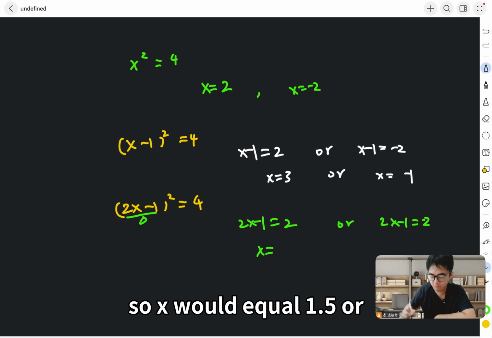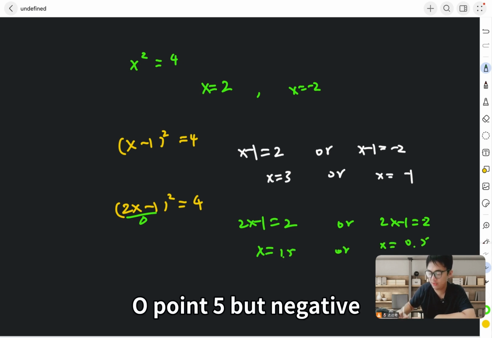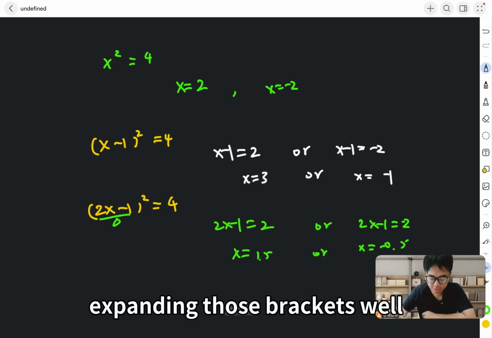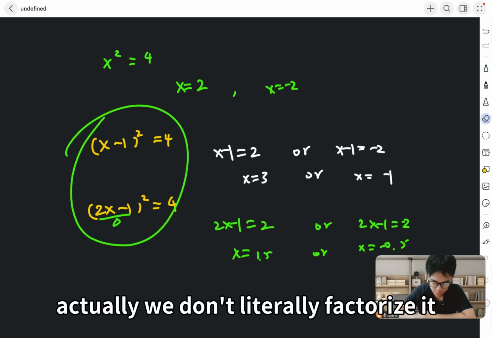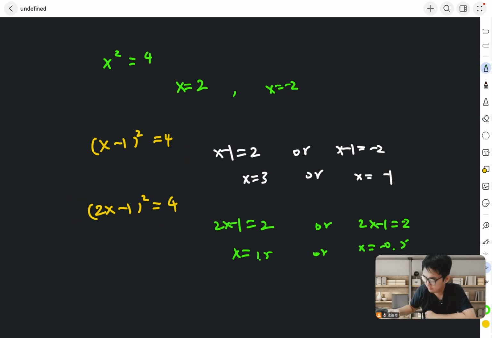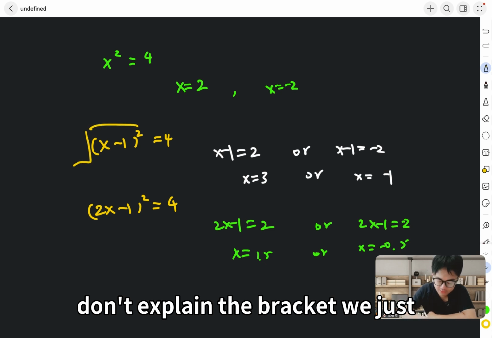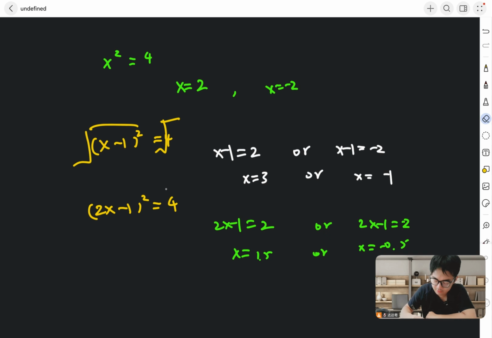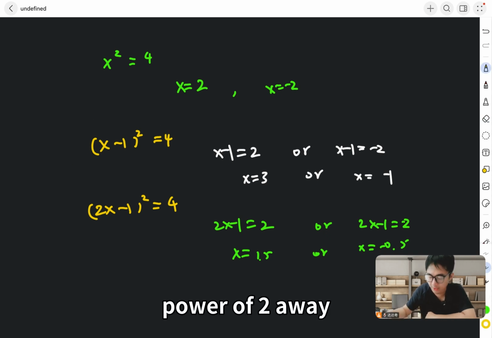So x would equal 1.5 or negative 0.5. Note that we don't expand the brackets, we just take the square root on both sides, and that's how we take the power of 2 away.